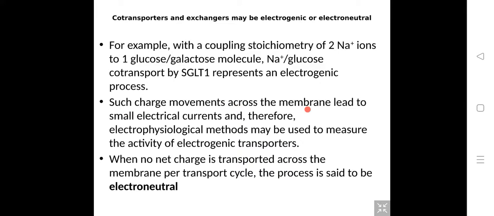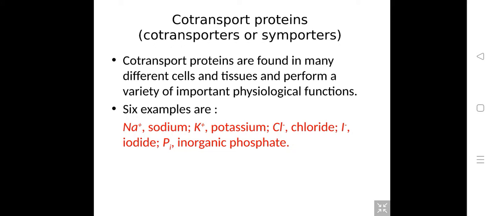Such charge movements across the membrane lead to small electrical currents, and therefore you have electrophysiological methods which can be used to measure the activity of electrogenic transporters. When no net charge is transported per membrane cycle, the process is said to be electroneutral, and I'll show you some examples of that in a moment.